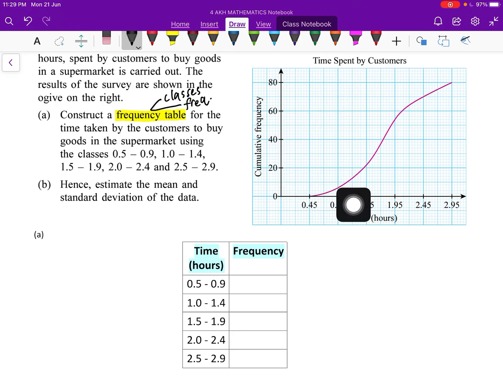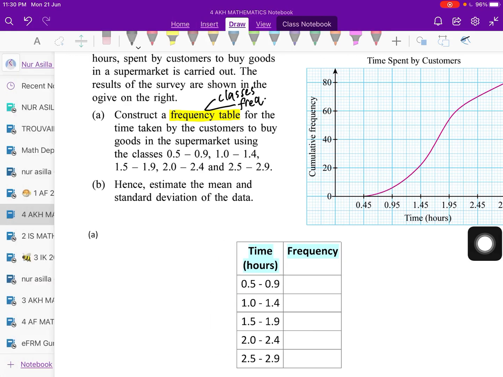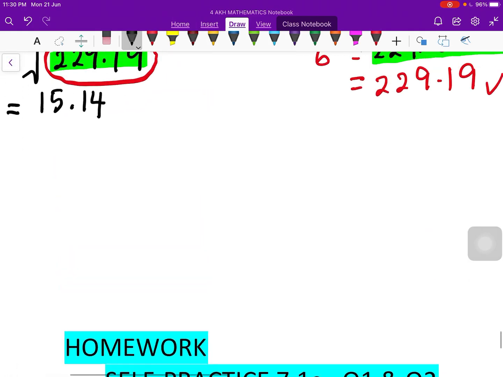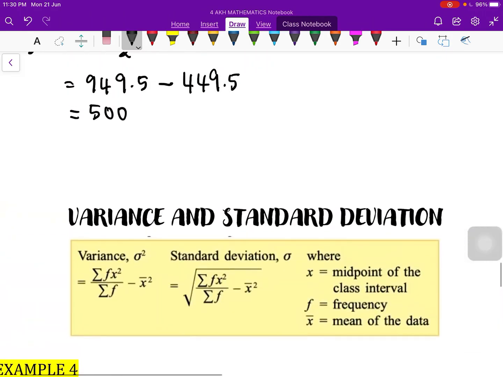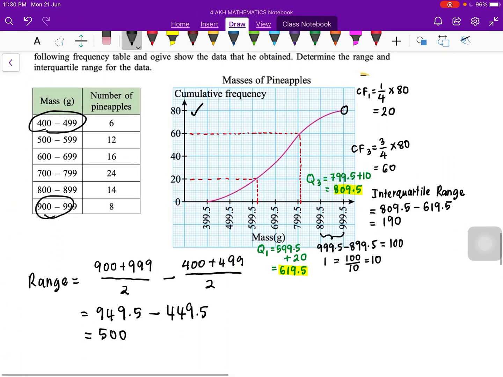So the ogive given to you is actually a cumulative frequency. Kalau kita pergi kepada cumulative frequency, kena ingat balik macam mana kita construct ogive. Ogive kita akan guna upper boundary. So kita tengok kelas kita sebelum ni.